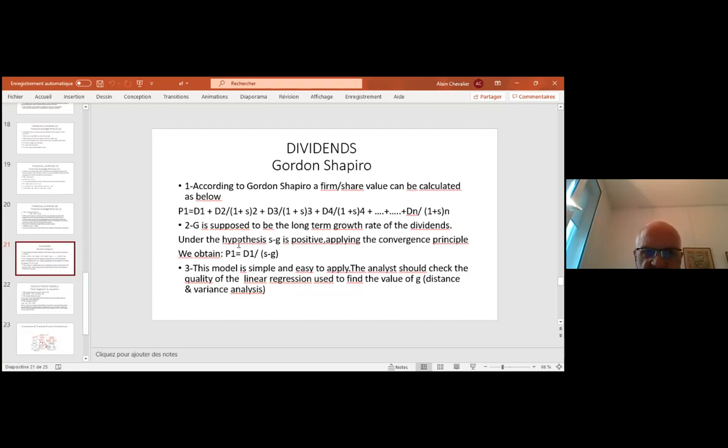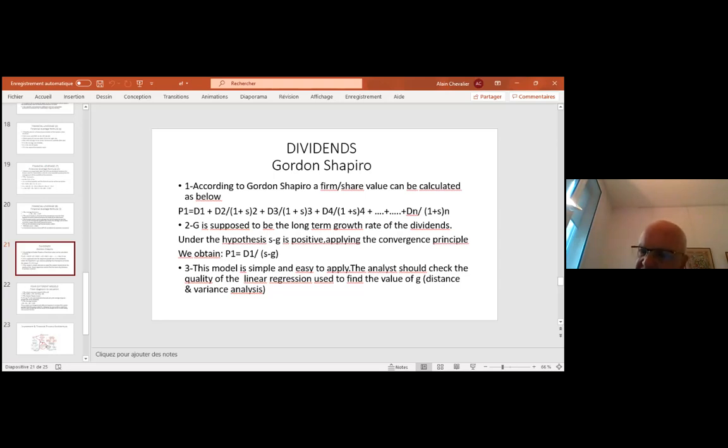And what I want to show you here is another one, which is what we call the Gordon-Shapiro model. And the Gordon-Shapiro model is a valuation model which is based on the dividends. If you consider that the maximum price an investor is willing to pay is equal to the future expected dividends discounted at the present time.